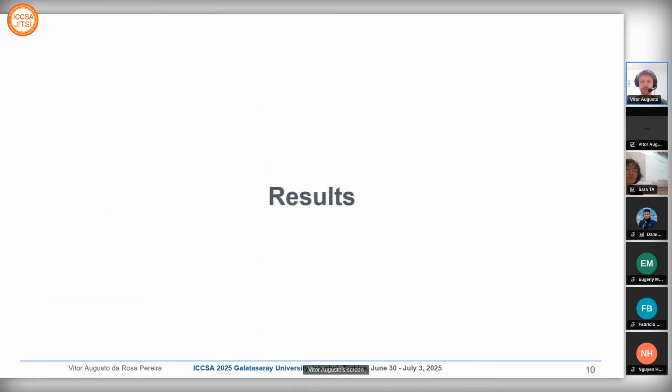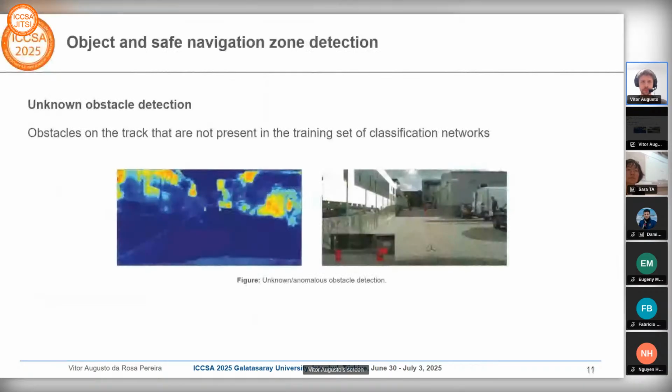So talking about the results, this figure shows a task addressed by the authors, which is the unknown obstacle detection. So the goal of this method is to detect obstacles on the track that are not present in the training set of classification networks.